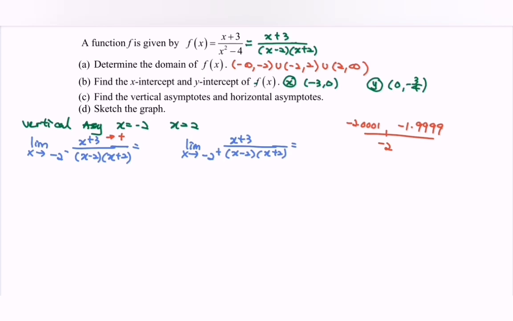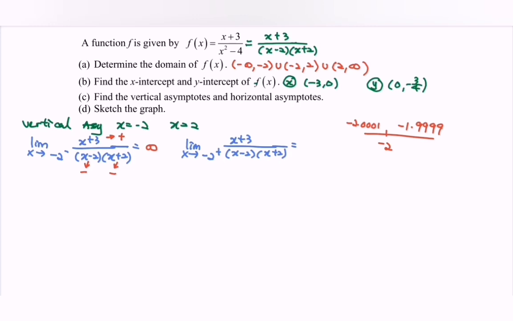If we substitute in this part, we will have a negative value. Then for this part, we will also have a negative value. So we have positive over negative times negative, then we will have positive infinity, which indicates that as x approaches negative 2 from the left, we will have an increasing value, or we can say the graph is increasing.